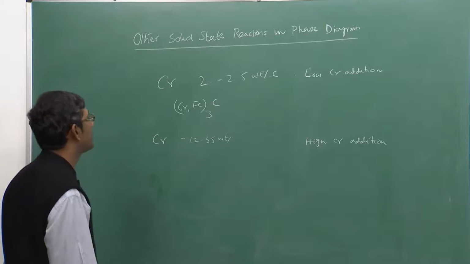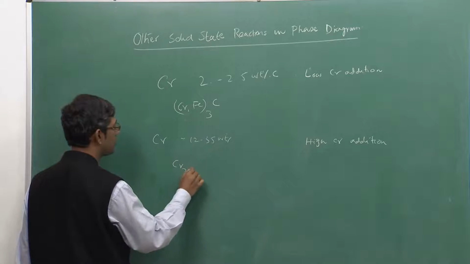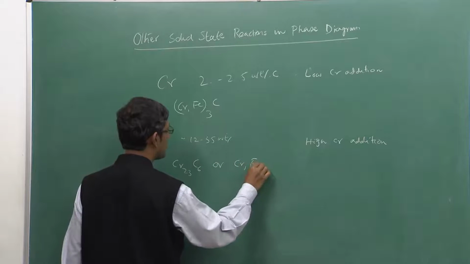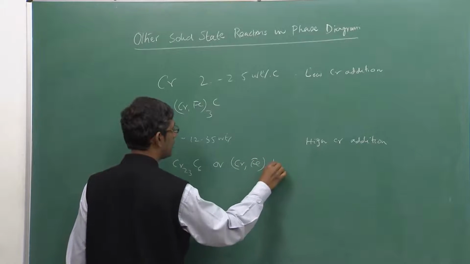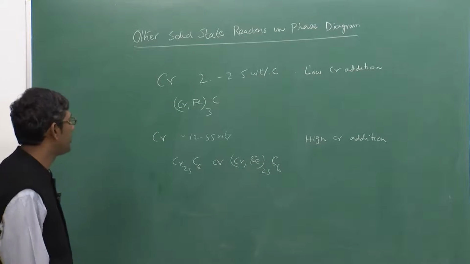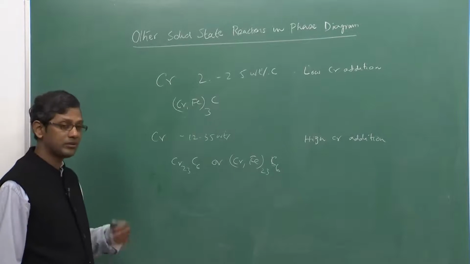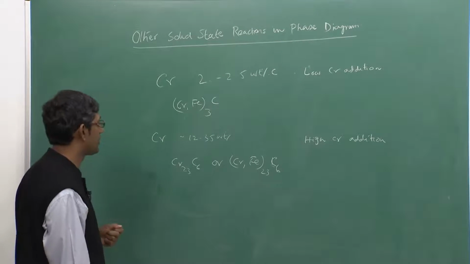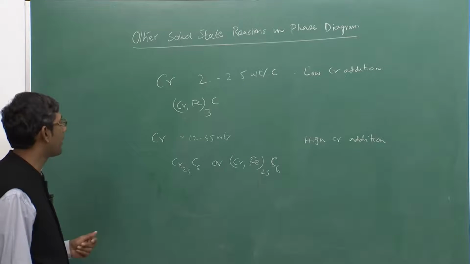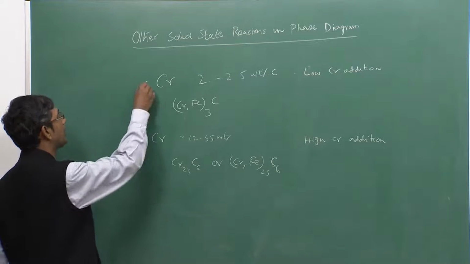Then instead of this carbide, sometimes this carbide also forms, Cr23C6. This is the carbide which is normally found in sensitized stainless steel, which we will discuss when we discuss stainless steel, but this is what people find. In books like Professor Raghavan's you will also find this. So if you have a large amount of chromium addition, this is what is going to happen.